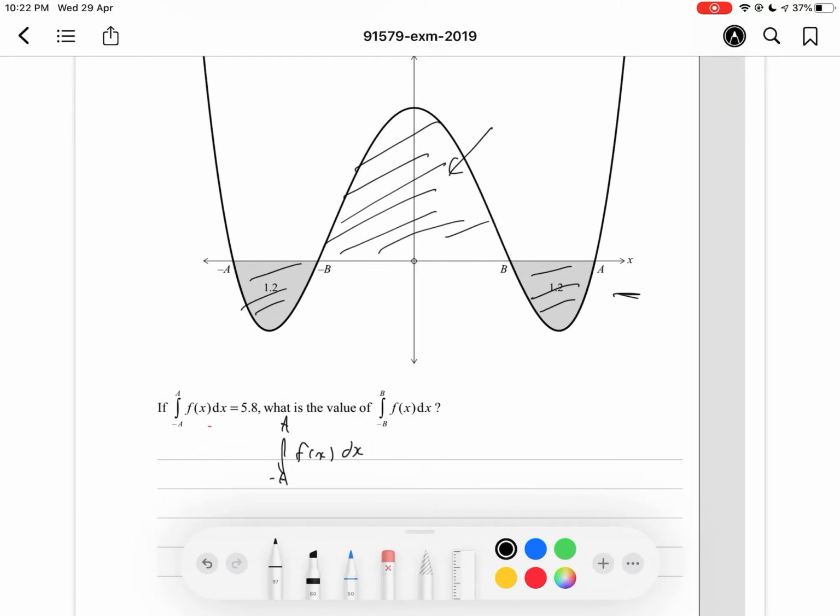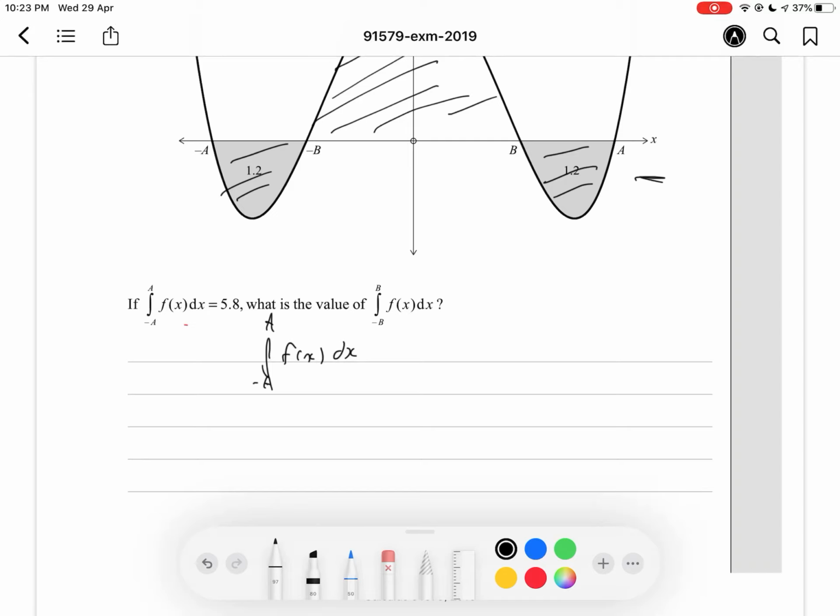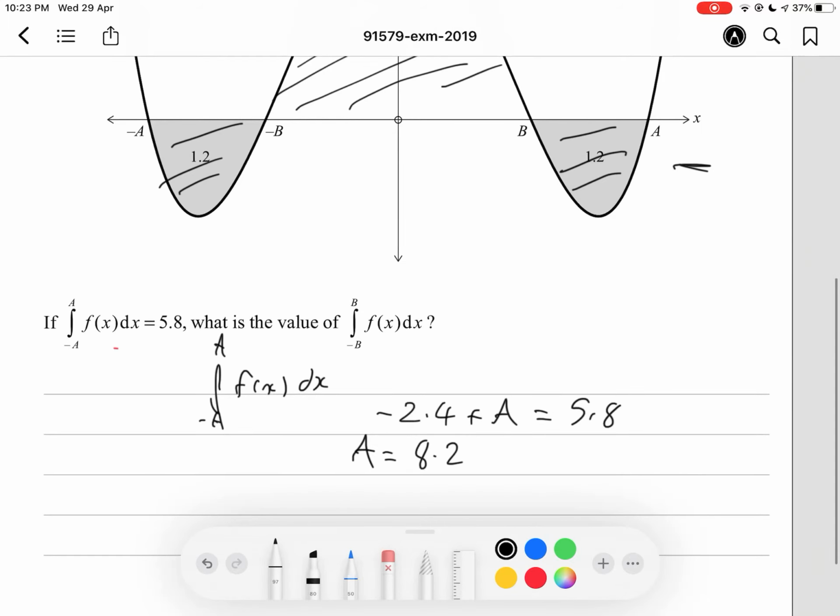So we'll call this area A. What this integral is saying is that negative 2.4 plus A is equal to 5.8. So if we rearrange this, we know that A is equal to 5.8 plus 2.4, which is 8.2.